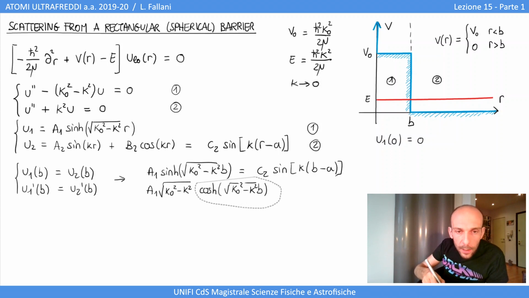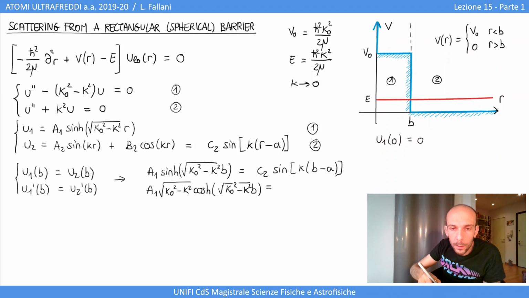Fine. And this has to be equal to the derivative of u2. That will be C2 times the cosine of k times (b minus a), that multiplies the derivative of the argument, that is k.